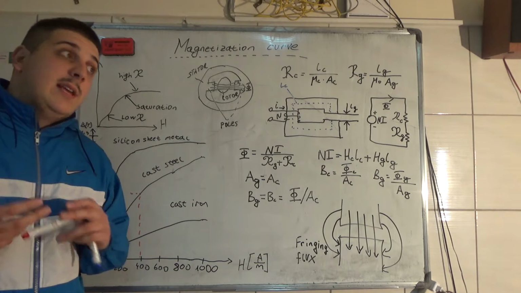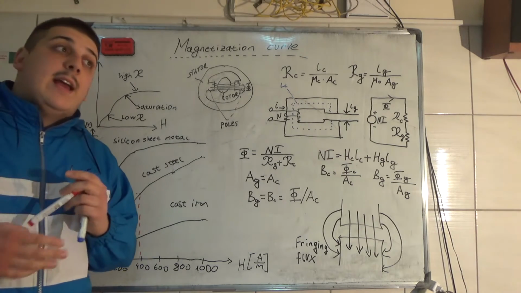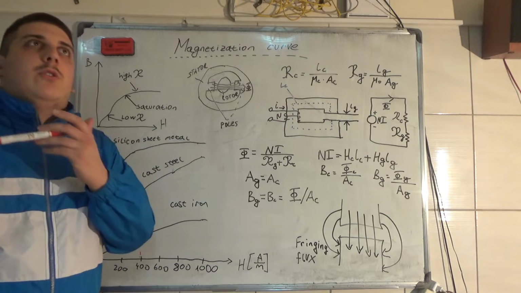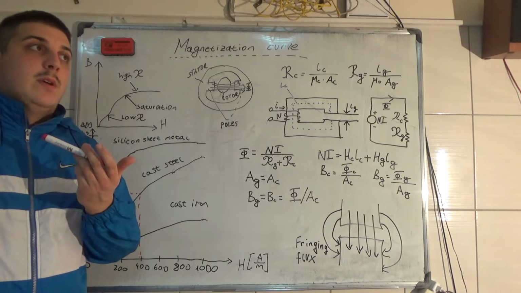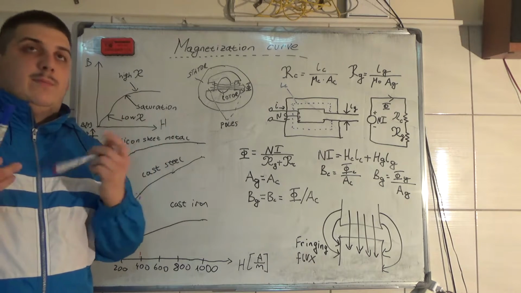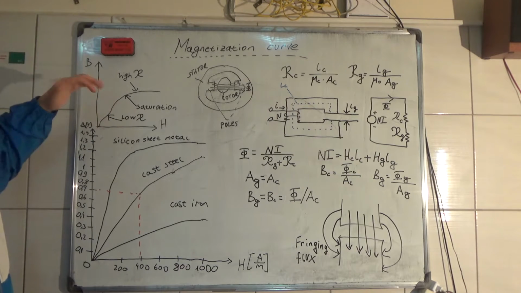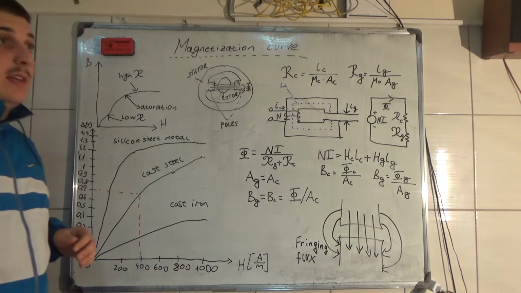Now, the air is kind of the only material or medium that can theoretically go to infinity of B, the infinity of the magnetic flux density.